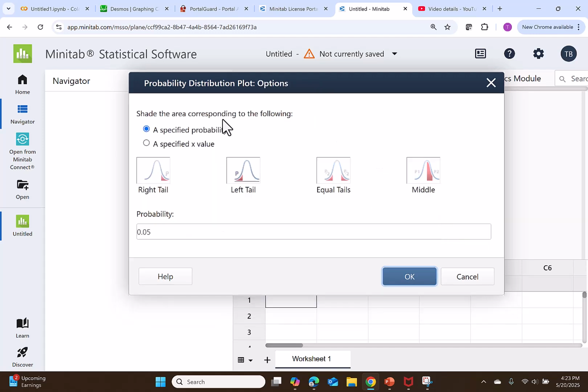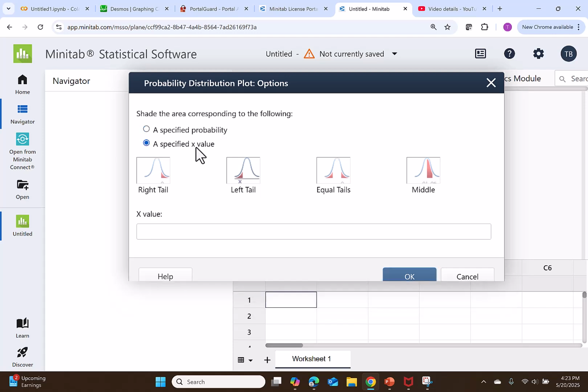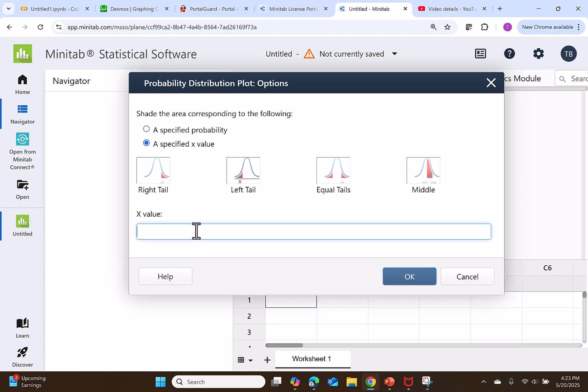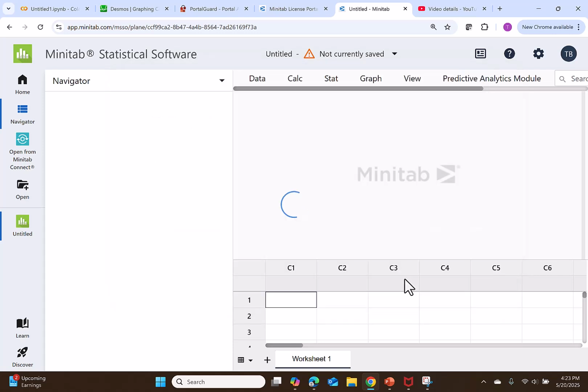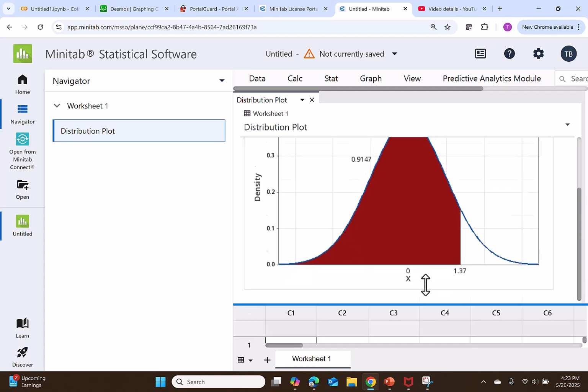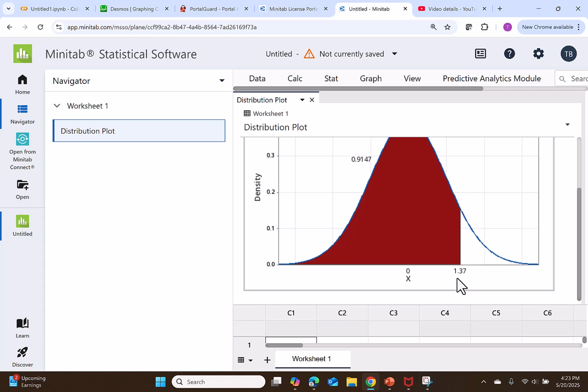We want the shaded area to correspond to a specified x value. Our specified x value is going to the left because it's less than, and it was equal to 1.37. This shows us shading to the left of a z-score of 1.37 has a total probability of 0.9147.